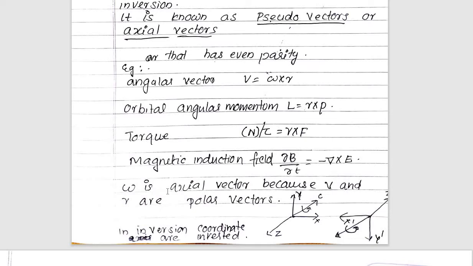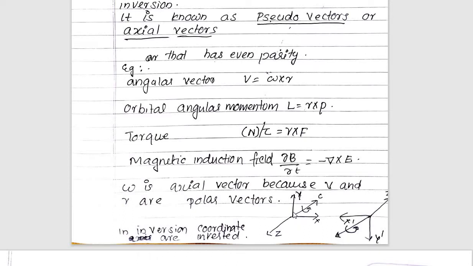In the case of angular velocity, v is equal to omega cross r. We know that v is nothing but dr by dt. r is a polar vector, so v is a polar vector. Since v and r are polar vectors, omega should be a pseudo vector or axial vector. In general, angular velocity is an axial vector.